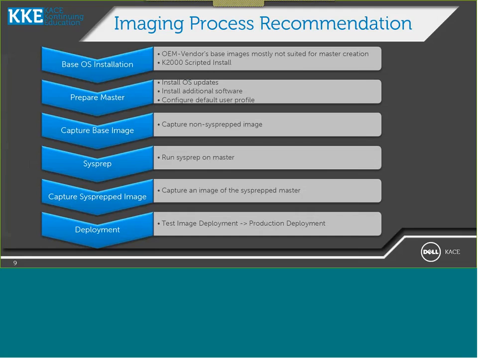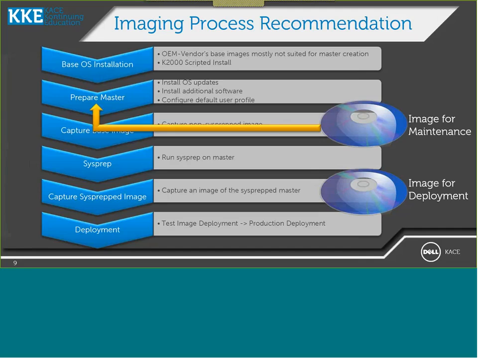Now, what we actually use for the deployment is the sysprepped image, because only the sysprepped image officially is ready to be deployed to many different machines. What we use for maintenance is the non-sysprepped image. The reason is, first of all, the non-sysprepped image is like a restore point if something goes wrong during the sysprep process.